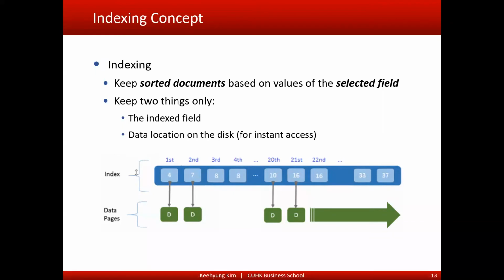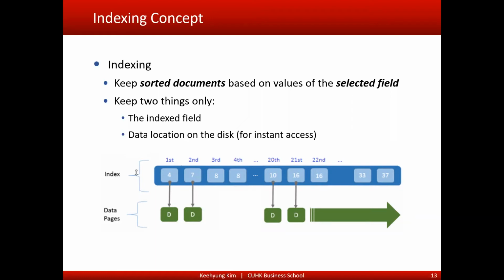The index will keep only two things. The indexed field, which is the age, so numbers are there, 4, 7, 8, 16, something like that. And it will also keep the data location on the disk. When you have data, the data is stored on your hard disk drive or solid state drive.